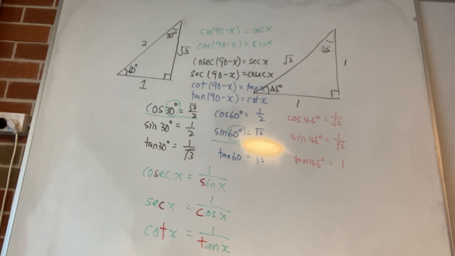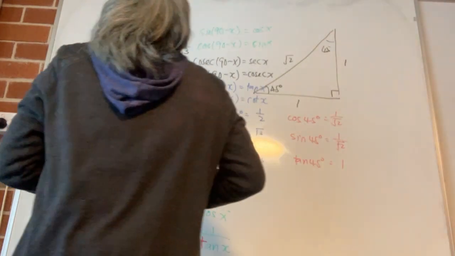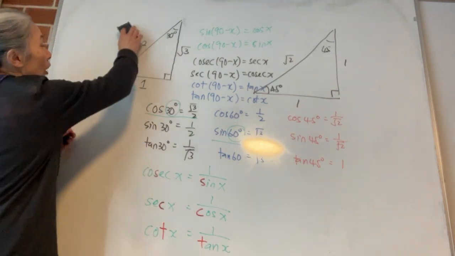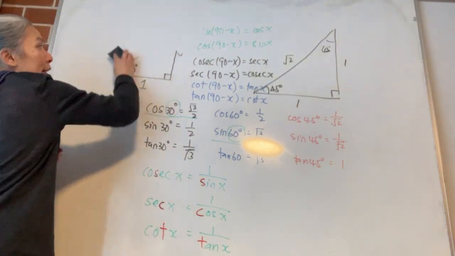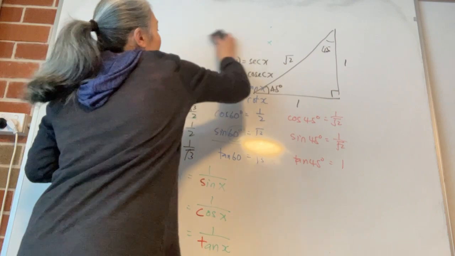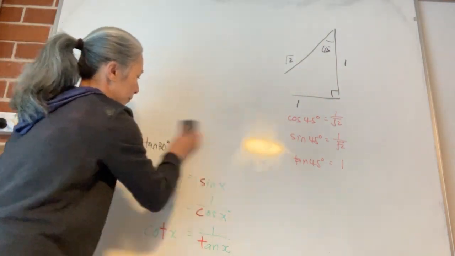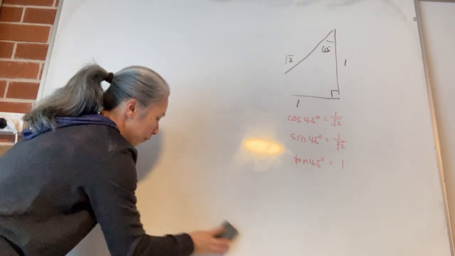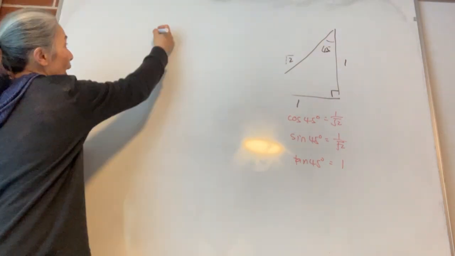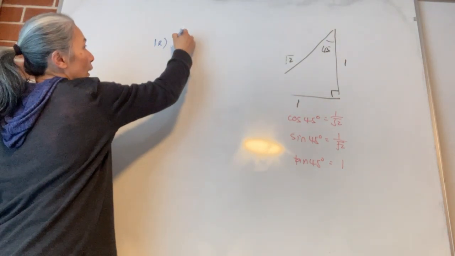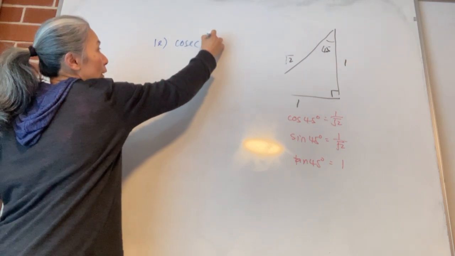Okay, for question C, I'm going to write off the top bit. You all write this down already, right? Okay, 1e, right? Which is you have cosec 45.